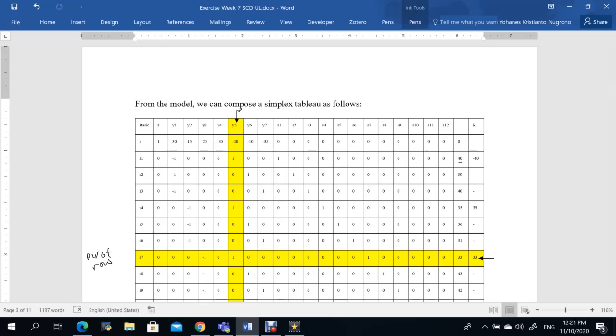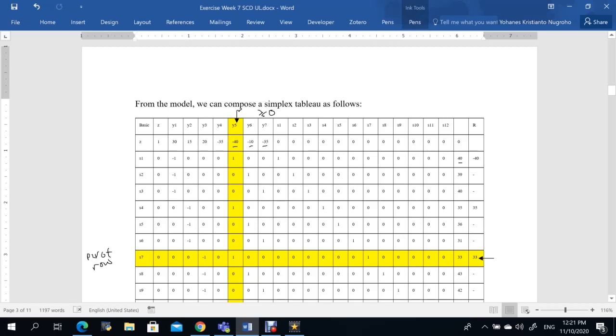Another important rule for the simplex problem is that every time we have a negative value, either y5, y6 or y7, these numbers should be converted to be at least equal to 0, higher than or equal to 0.